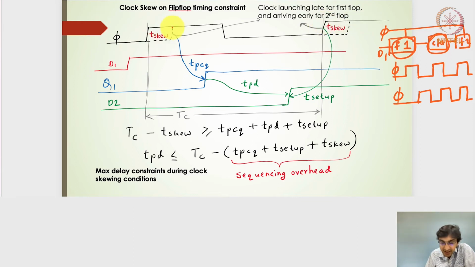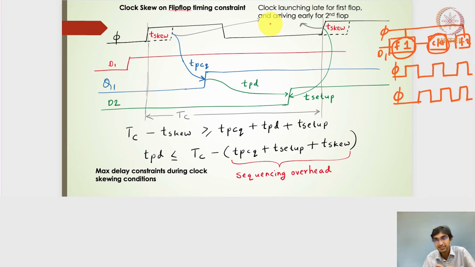So the dotted lines, because it is skewed or delayed, mean this clock is launching late for the first flip-flop, and this black line is the clock arriving early for the second flop. So we are considering the worst case.